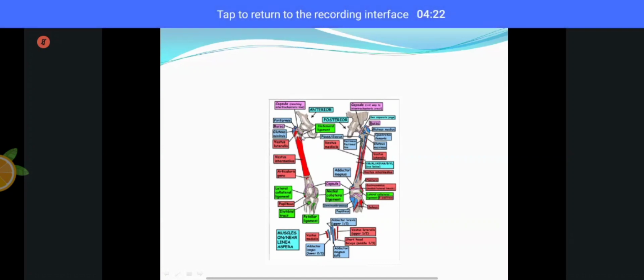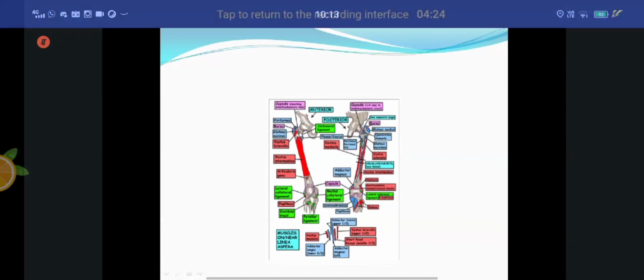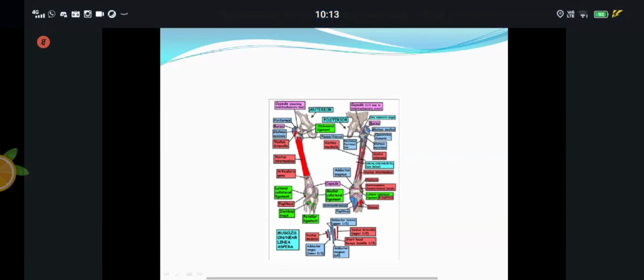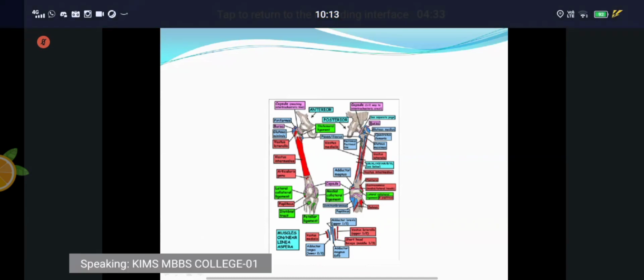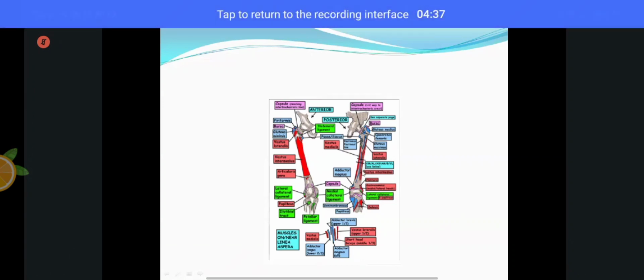So vastus lateralis gets its origin from the upper part of the anterior intertrochanteric line, and on the posterior aspect of the femur, from the lateral lip of the linea aspera, right?